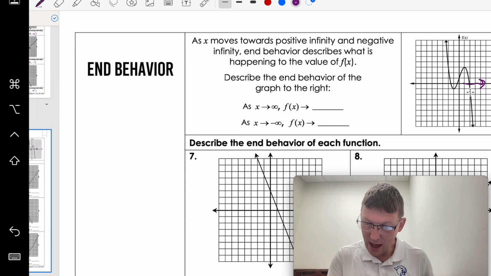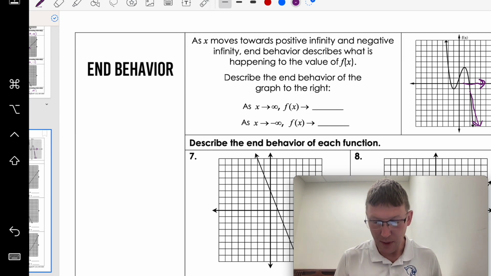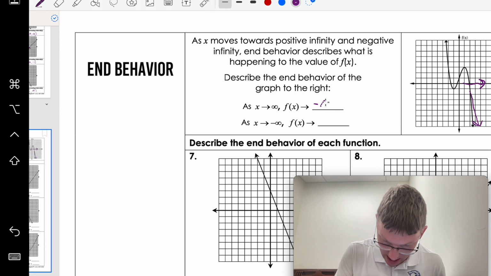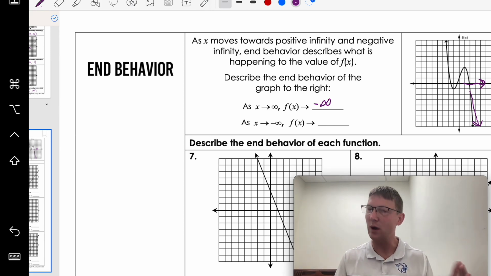As we do that, our graph is going down forever and ever. So again, this reads, as x approaches positive infinity, f of x approaches negative infinity. There's a bunch of infinities here, so it's easy to get confused. That's why you might want to slow down a little bit and make sure you're reading carefully.